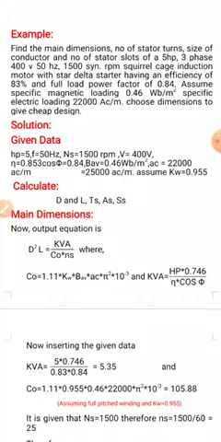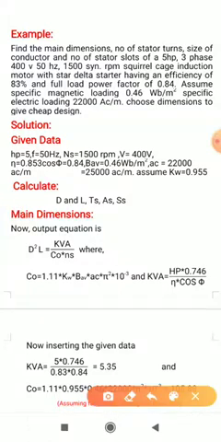Now if you read this example, along with the main dimensions it is asked to calculate the number of stator turns, the size of the stator conductor and the number of stator slots.